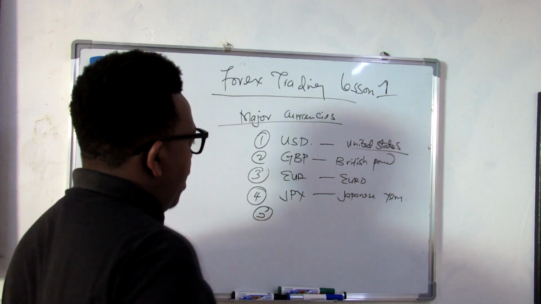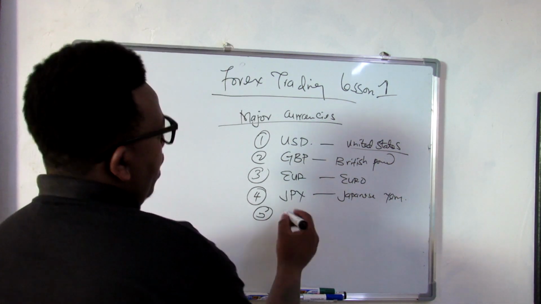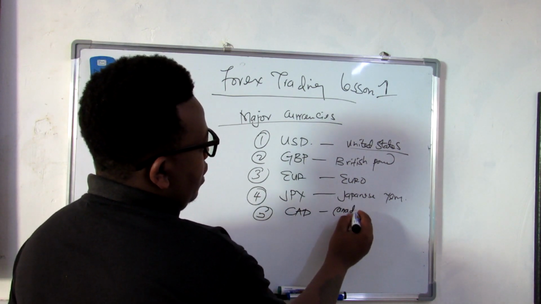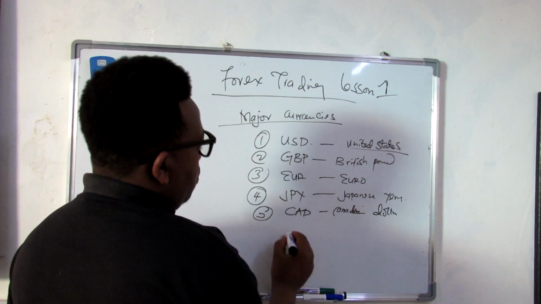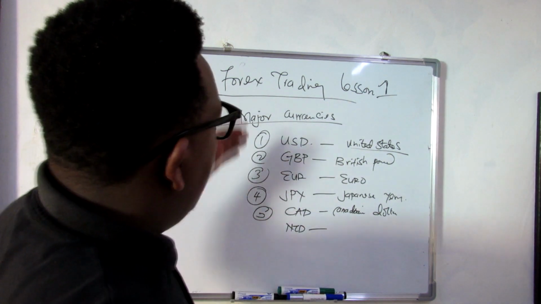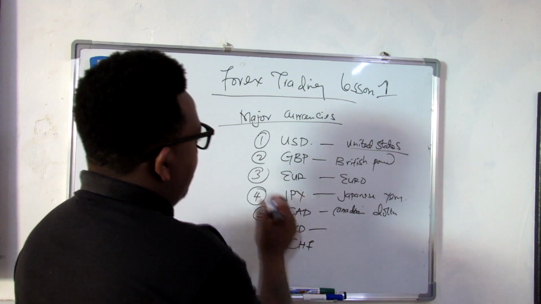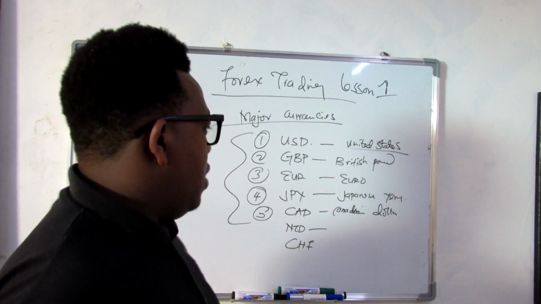We also have a very popular currency, the CAD, the Canadian dollar, as well as the NZD, the New Zealand dollar. The list keeps continuing, since we also have things like the CHF. These are just the major currencies that we'll be looking into as we move forward.